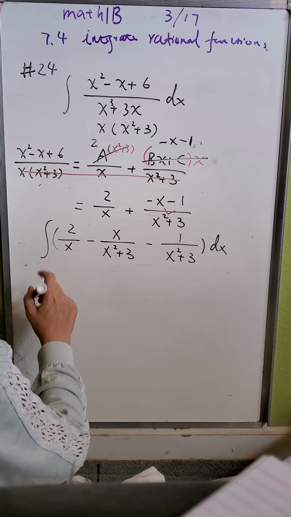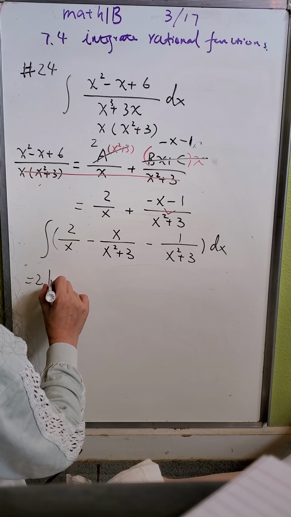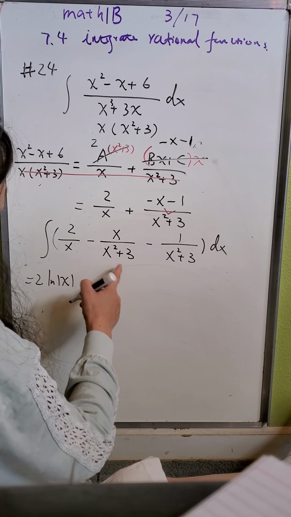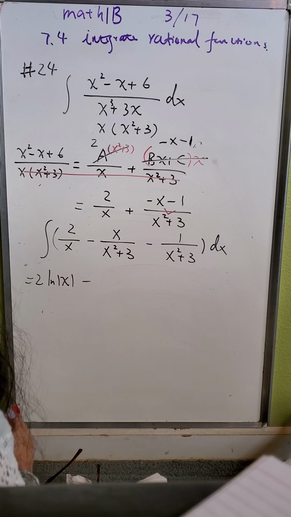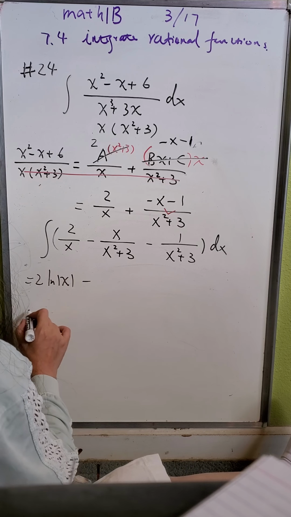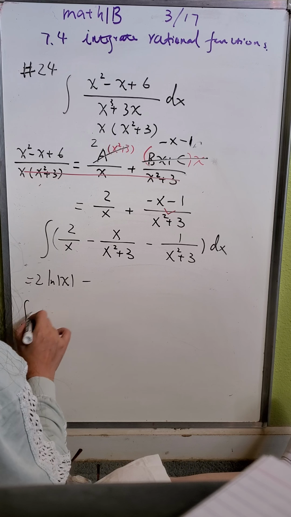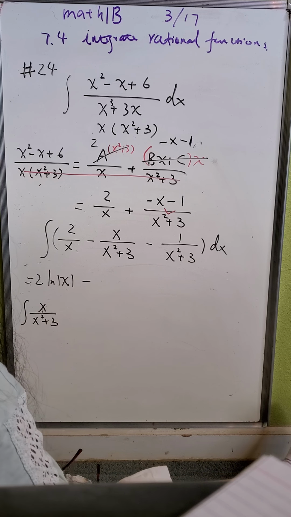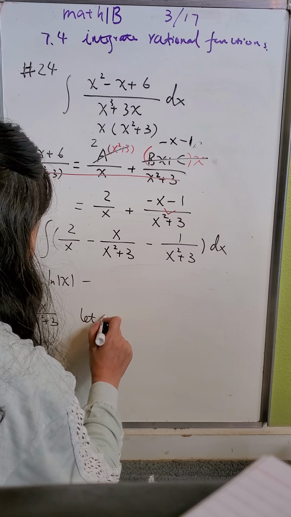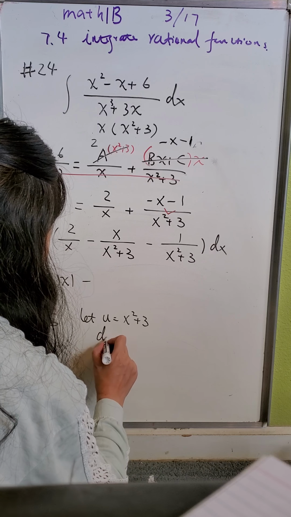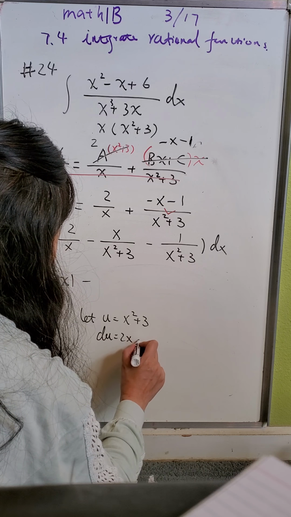Well, this one can come out nicely. It's just equal to ln x. Subtract. Now this one we use u sub. So we're going to do one at a time. We're going to integrate this one first. We let u equal x squared plus 3, and du equal to x dx.